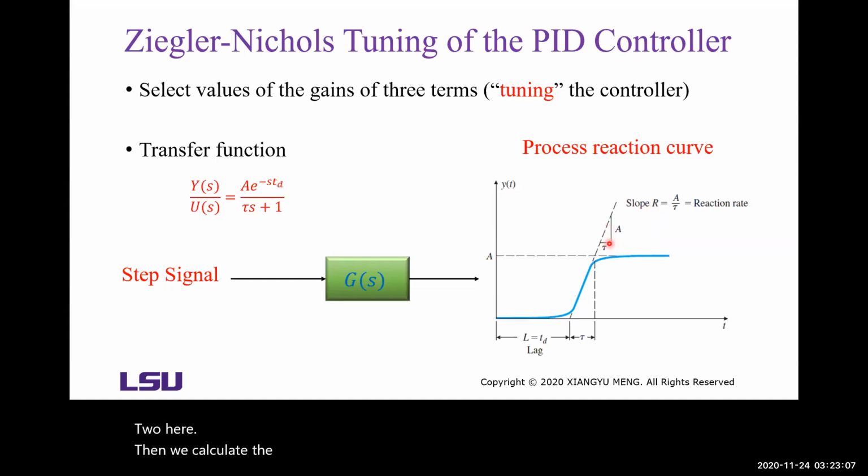R is A over tau. We call it the reaction rate. So based on the step response, we can approximate the open loop system by a first order system with time delay.